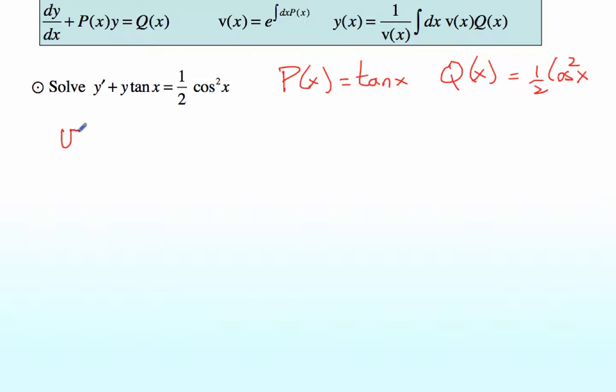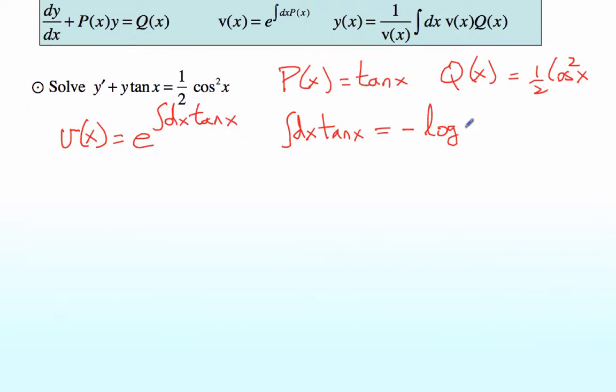First, let's calculate v of x, and that is e to the power integral of p of x, so that's the integral of tan of x. Now the integral of tan of x you can immediately get because this is minus log of cosine of x.